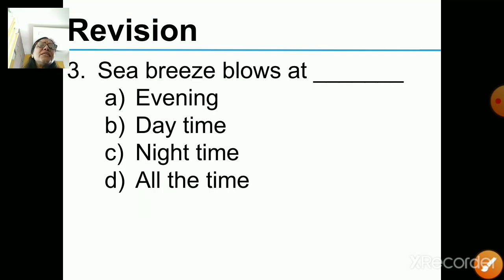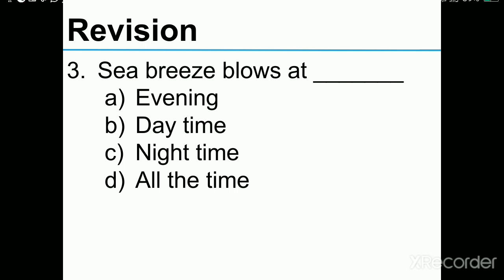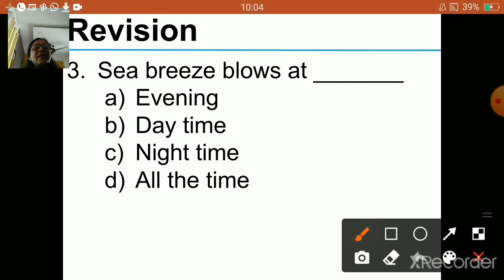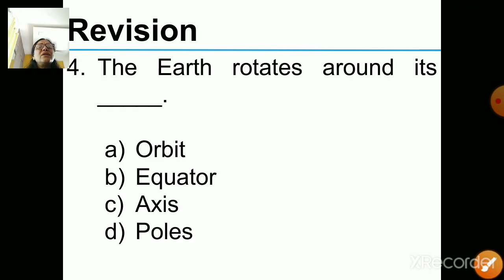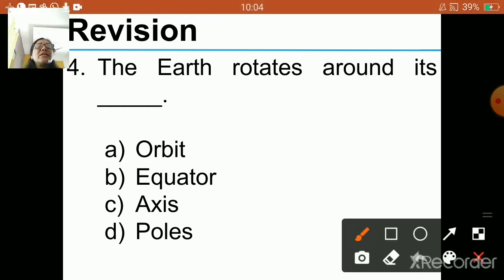Next one, sea breeze blows at evening time, daytime, night time, all the time. Sea breeze blows at daytime. Just now only we saw the diagram also. Right, children? Next one, the earth rotates around its dash: orbit, equator, axis or poles.